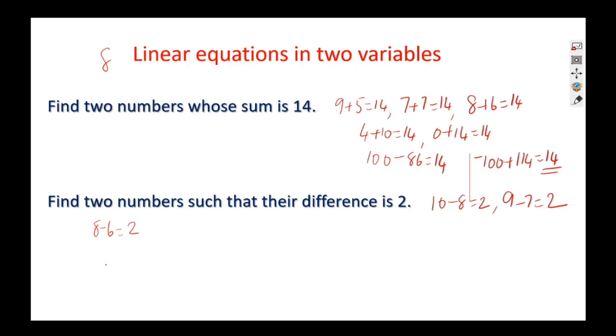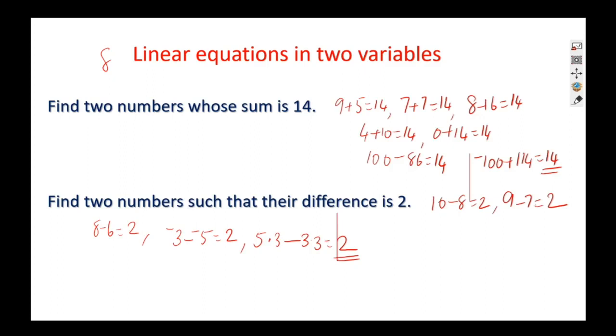Correct? So two numbers means 8 and 6 if subtracted. Then even minus 3 minus 5 is equal to 2. There is no limit. Even such numbers like 5.3 minus 3.3, this is also equal to 2. So there is no limit for such numbers.